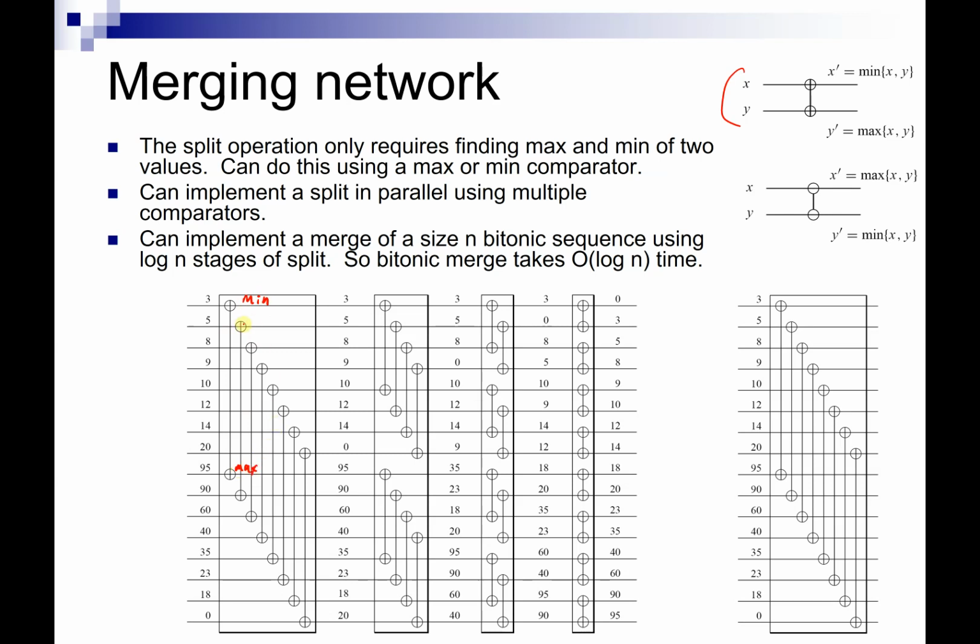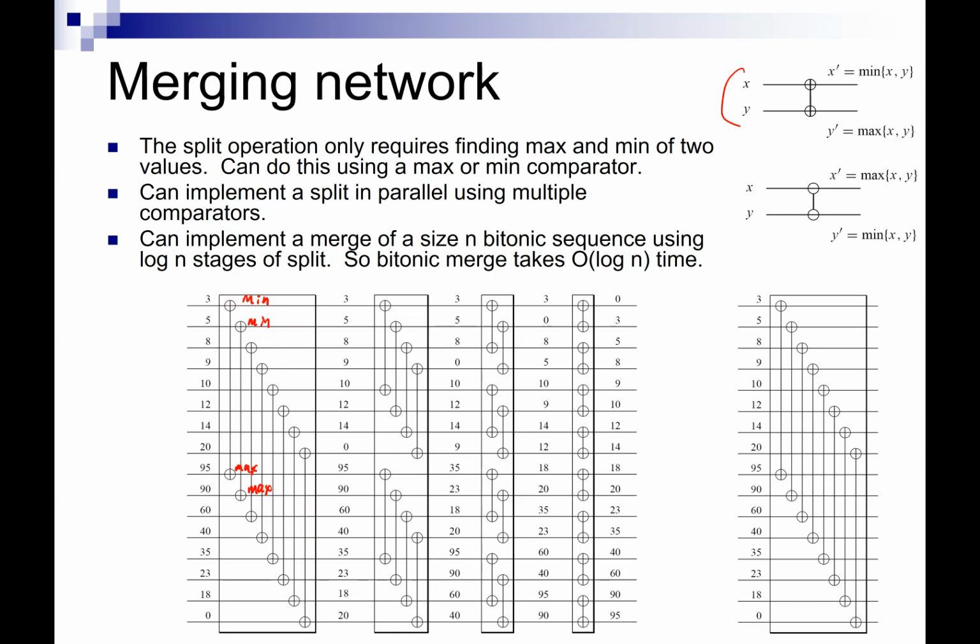Likewise, you match this 5 with the 90, and you put the min value over here and the max value over here. Then you do the matching for all of these pairs. So that is the first bitonic split stage.